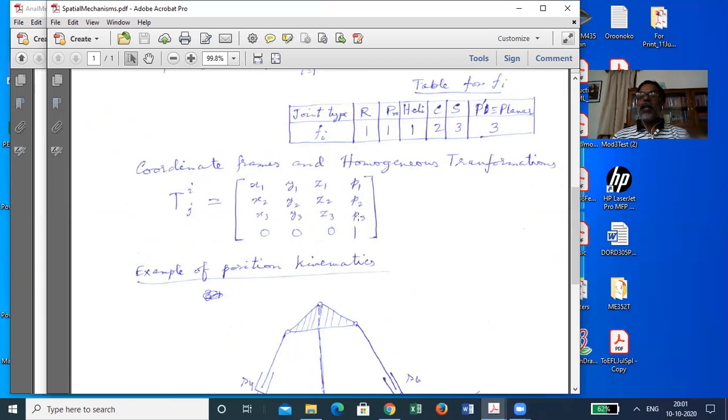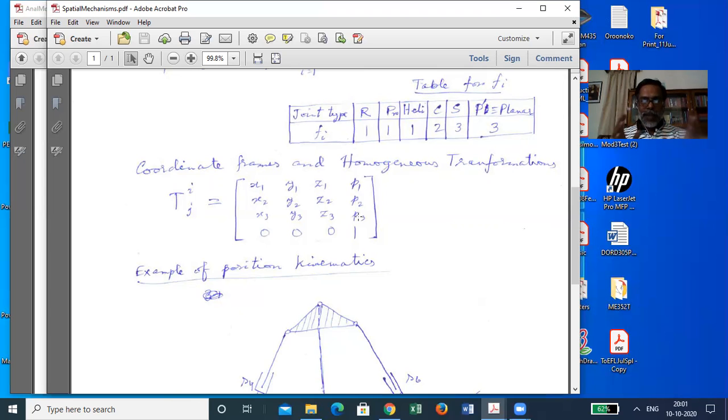And orientation, here comes the real pain, because in planar motion, orientation or rotation could be represented with only one angle, theta. In 3D motion, orientation can be represented with three angles, but with a lot of headache.